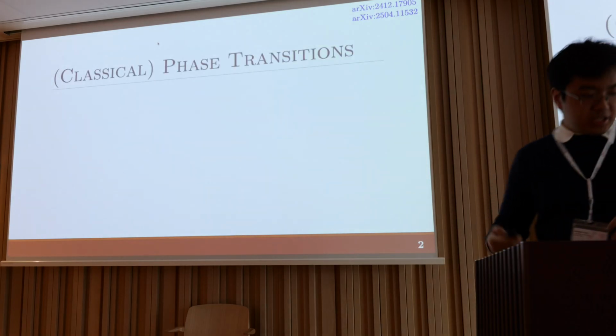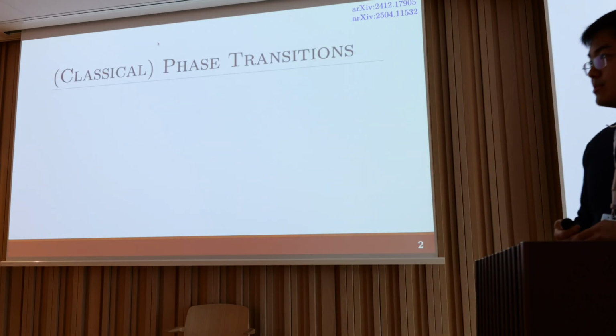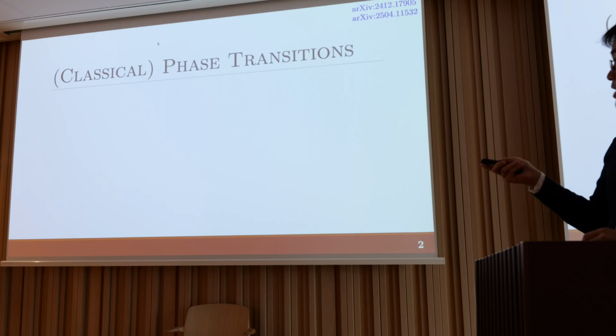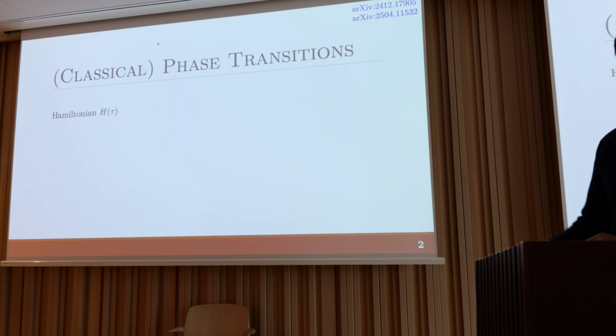Okay, so before I actually talk about the model that I have in mind, let me give you a quick review of classical statistical mechanics. Generally, you start out with a Hamiltonian that depends on the spin configuration on some lattice.